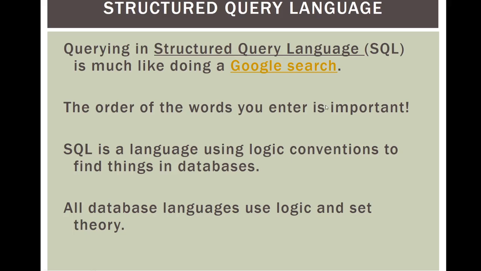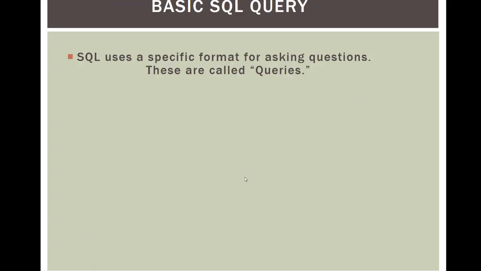All database languages use logic and set theory. If you've already started on this, you've already seen the basic SQL query, which is basically saying, hey, I'm looking for this information, please return it to me.